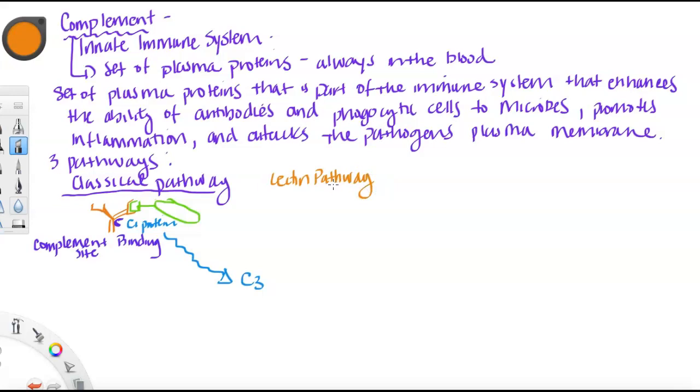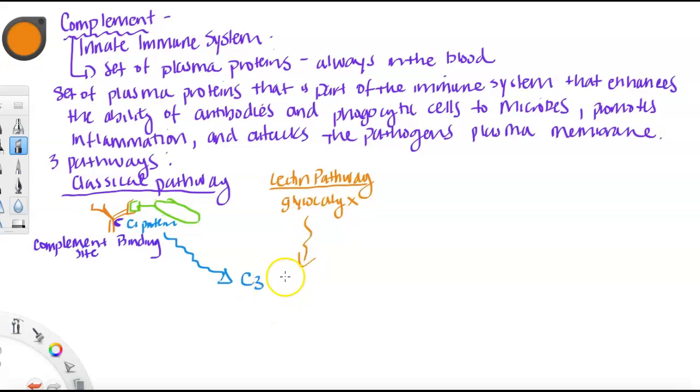And basically, the same type of thing sort of occurs, but instead of utilizing an antibody, the C1 protein will bind to the glycocalyx of the pathogen. So like a sugar, okay?